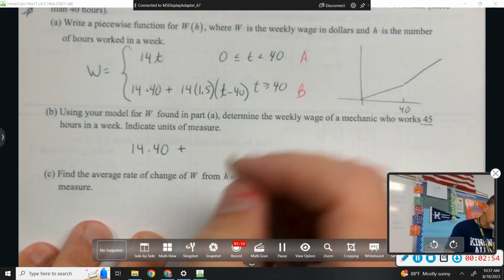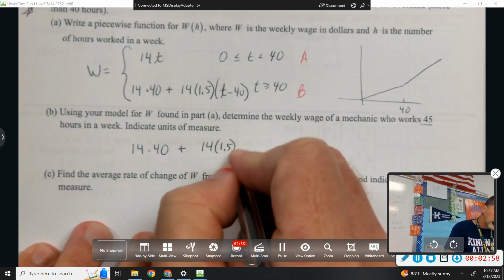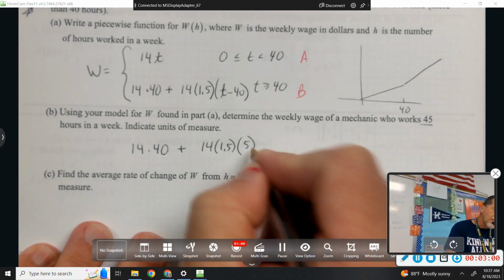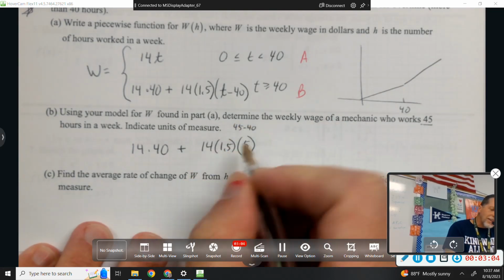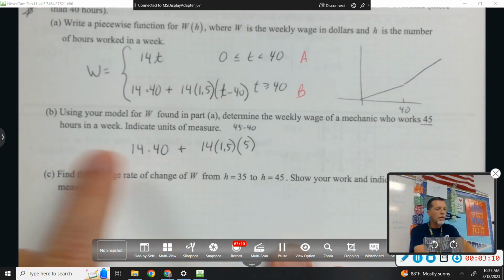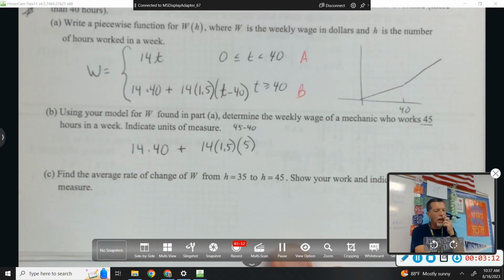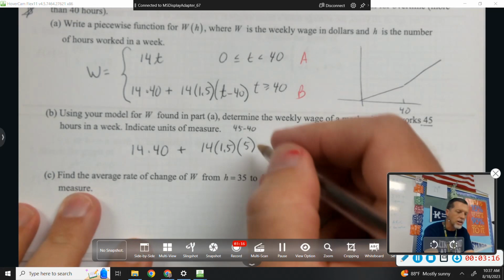After that, he's making 14 times 1.5 times 5, because he doesn't get credit for 45 hours of overtime. He only gets credit for 5 hours of overtime. So 40 hours at the $14 pay, and then 5 hours at 1.5 times $14 pay.